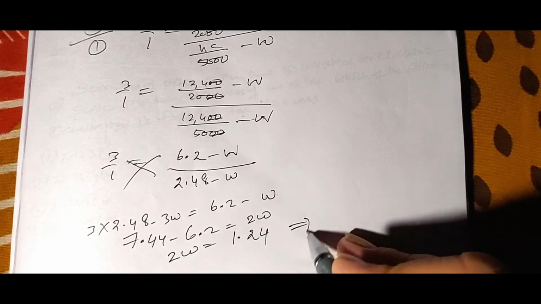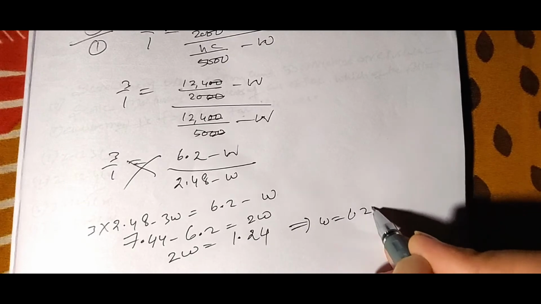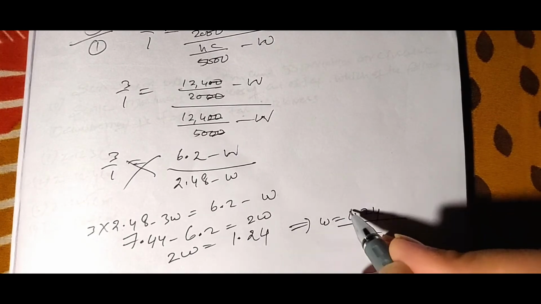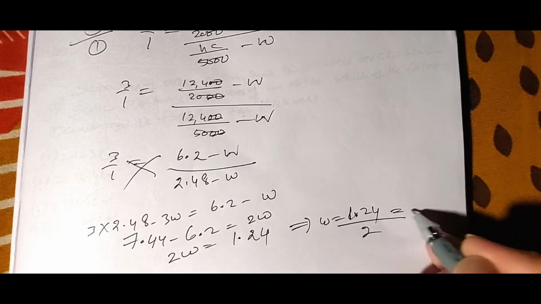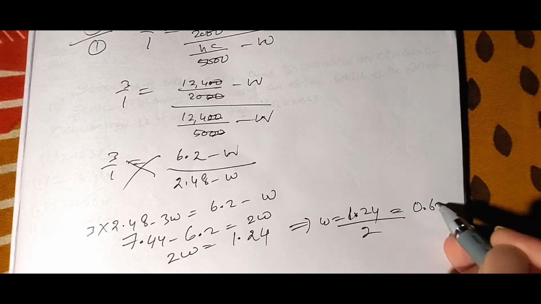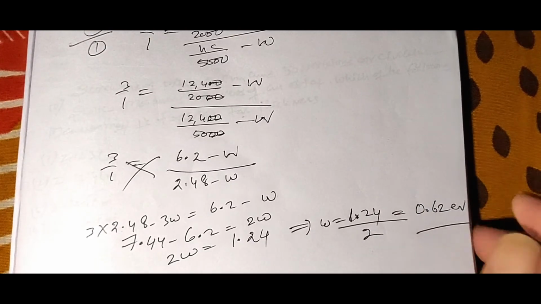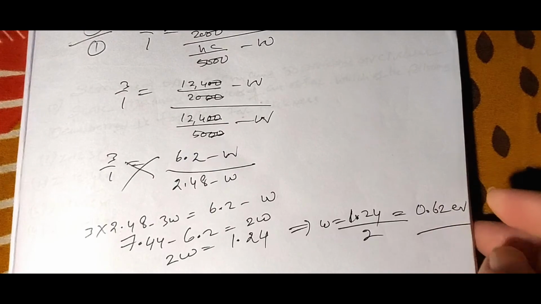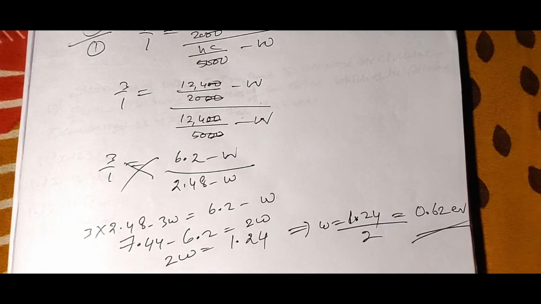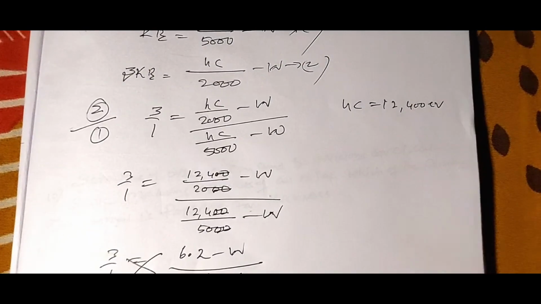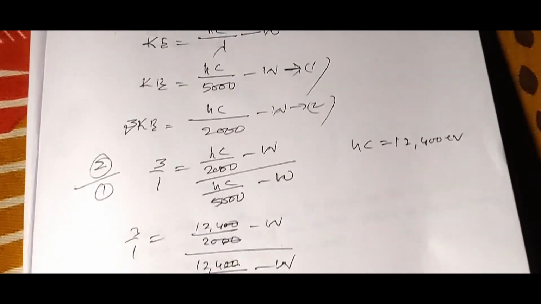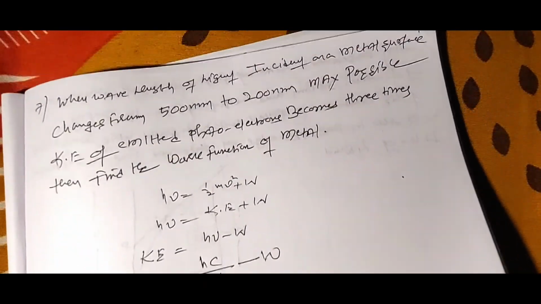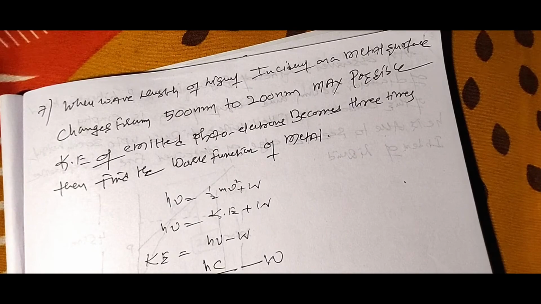That means W is equal to 1.24 divided by 2, so our answer is 0.62 electron volts.